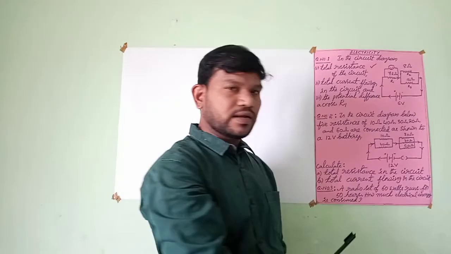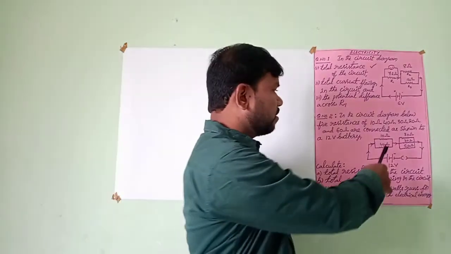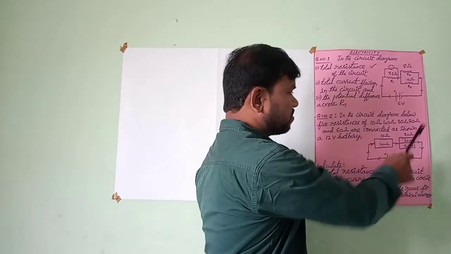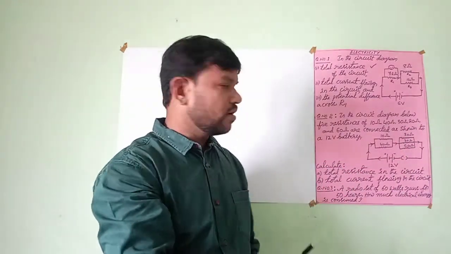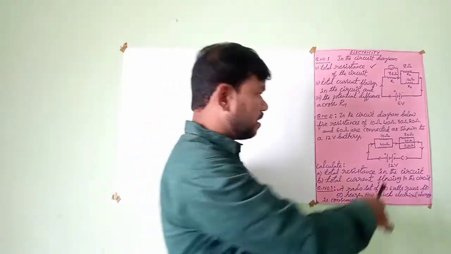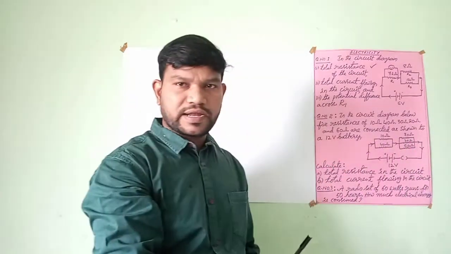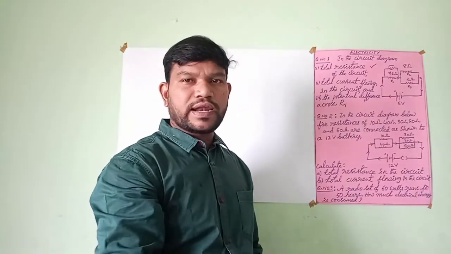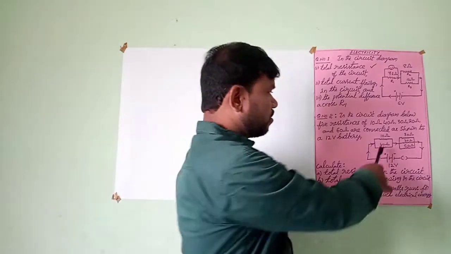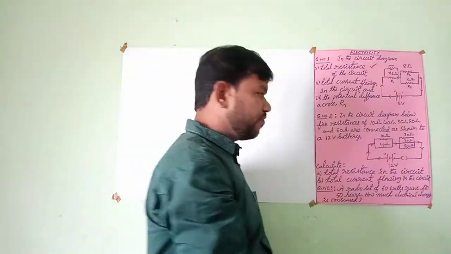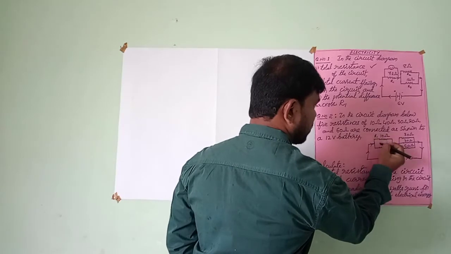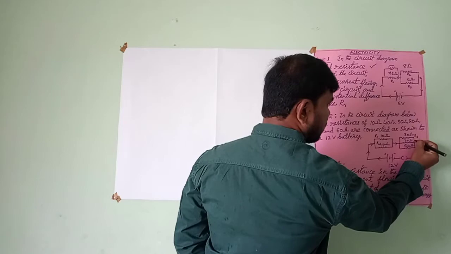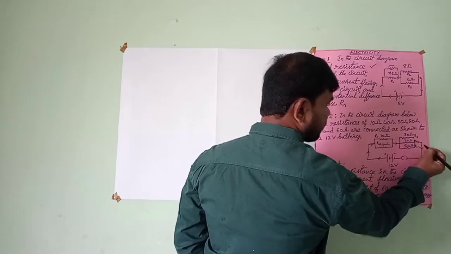So observe the diagram. 5 resistances are connected. Here 10 ohms and 40 ohms are connected, and here 30 ohms, 20 ohms, 60 ohms are connected. Observe very clearly, students. Here these 3 resistances are in parallel connection, and here this 10 ohms and 40 ohms are also connected in parallel. So these two resistances, for example, we call R1, R2, and here R3, R4, R5.